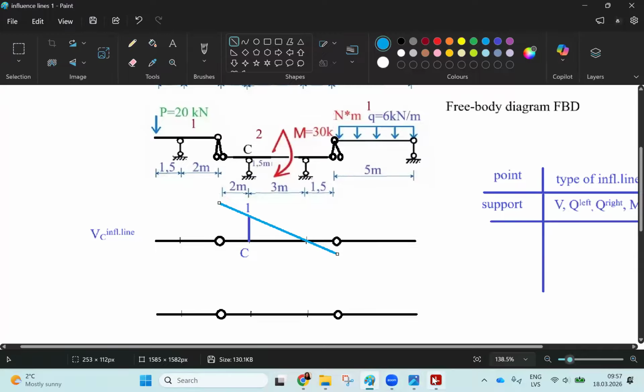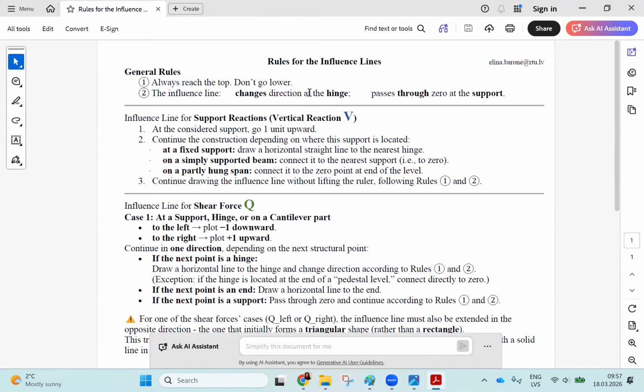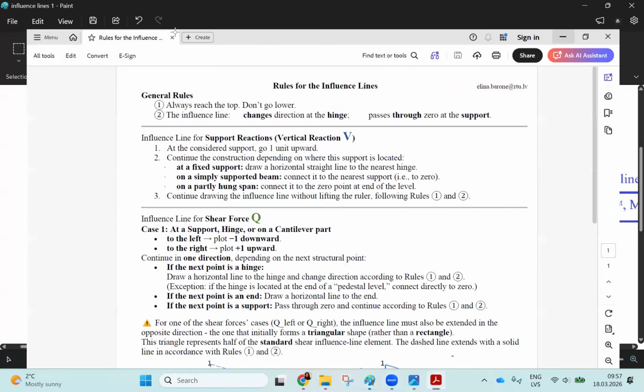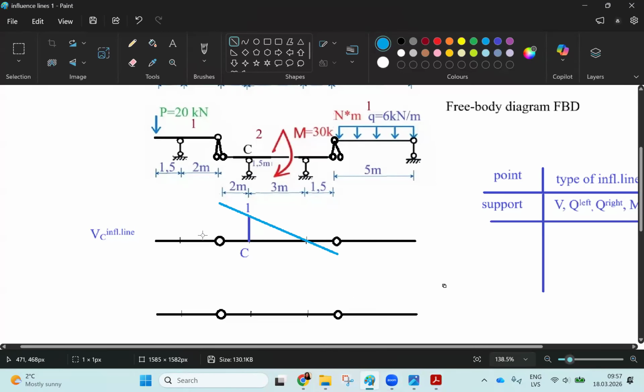The second rule says that at the hinge, the line changes direction. So at the hinge, we change direction, and at the support we go through zero, and we finish the line at the end of the beam. And to the second part, we change the direction.